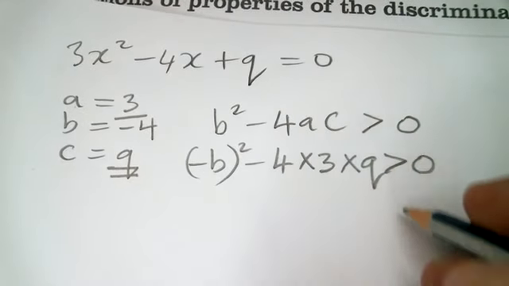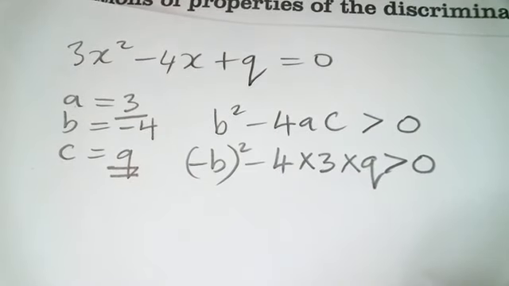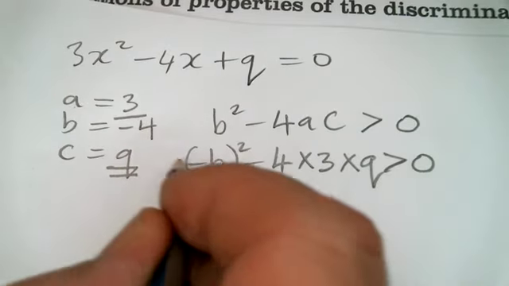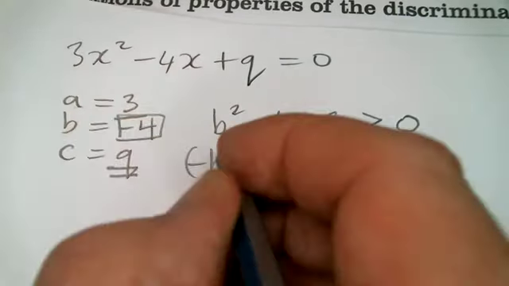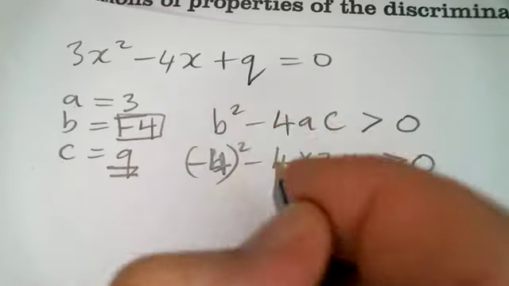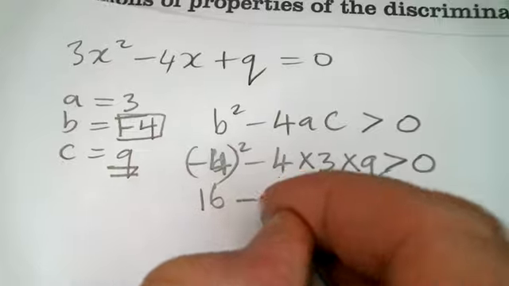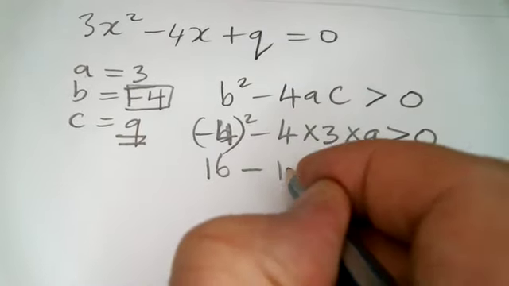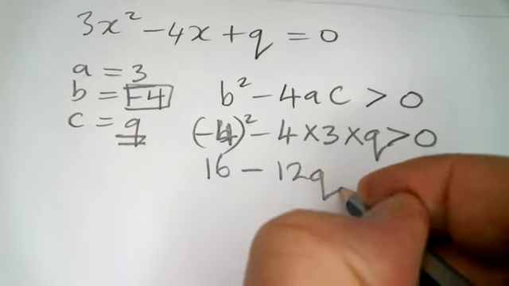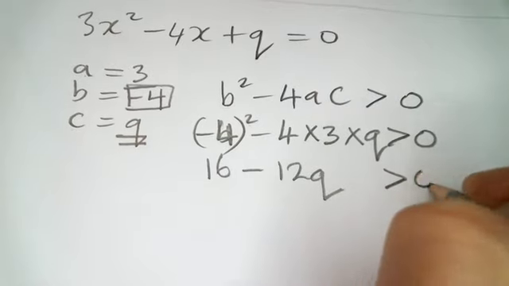Oh, sorry, that should be negative 4. I'm not concentrating. So negative 4 squared is going to be 16. So I've got 16 minus 4 3s are 12 times q is 12q, and it's greater than 0.